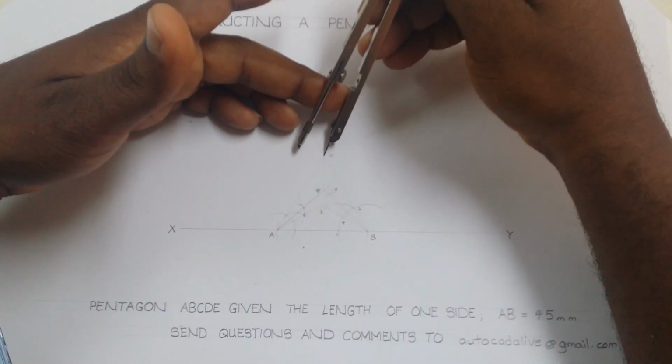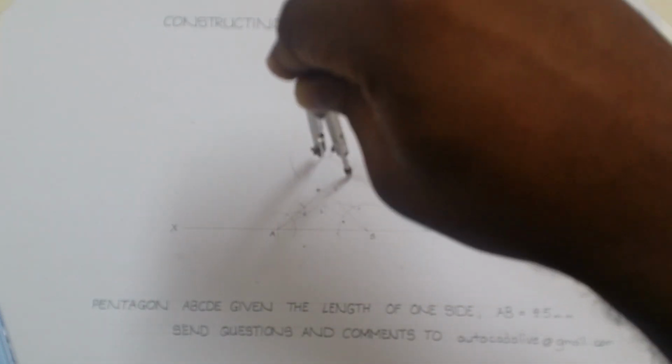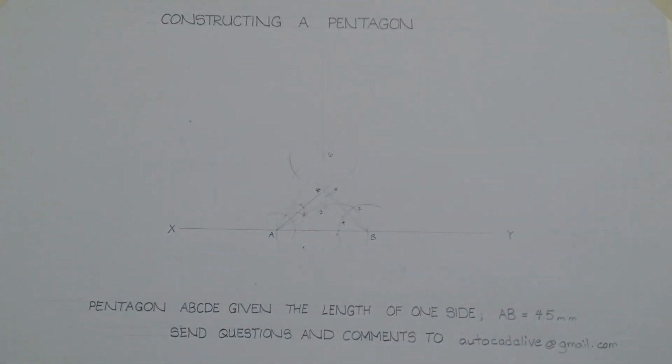Using now point 6 as our center, we are going to bisect our line segment, or our line rather, it's not really a line segment yet, our line 4, 6. And we now use point 4 as our new center, and we inscribe 2 other arcs to intersect with each other.